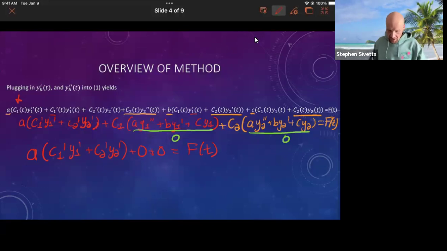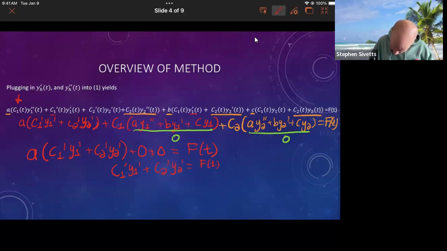And so what we have is this quantity. We'll have C1 prime Y1 prime plus C2 prime Y2 prime equals F of T divided by A of T, right? So this is the first equation that we know.